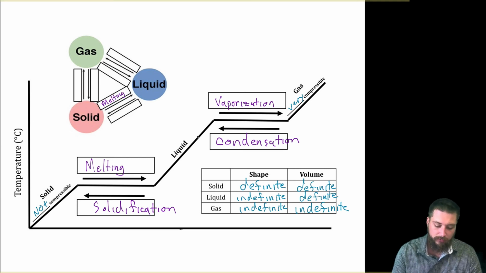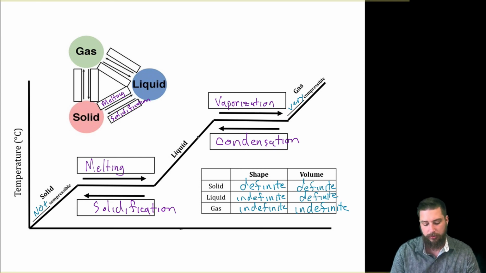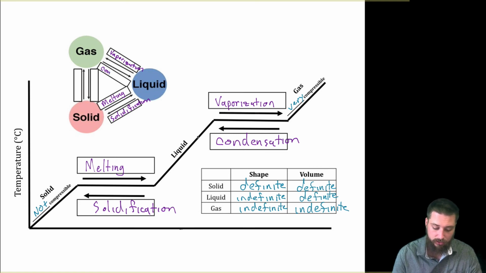And when we go from a liquid to a solid, we call that solidification or freezing. Kind of hard to fit that word in there. Now, when we go from a liquid to a gas, we call that vaporization. And when we go from a gas to a liquid, we call that condensation.